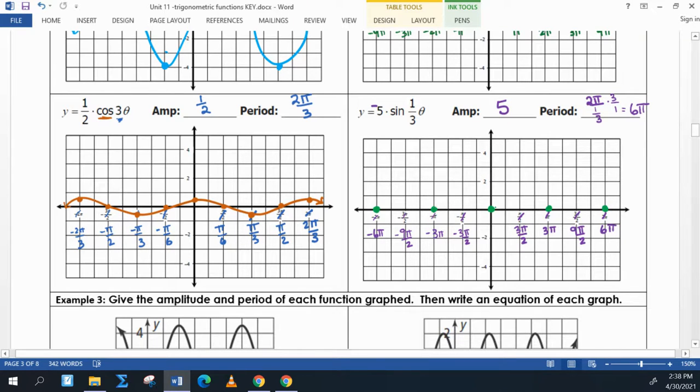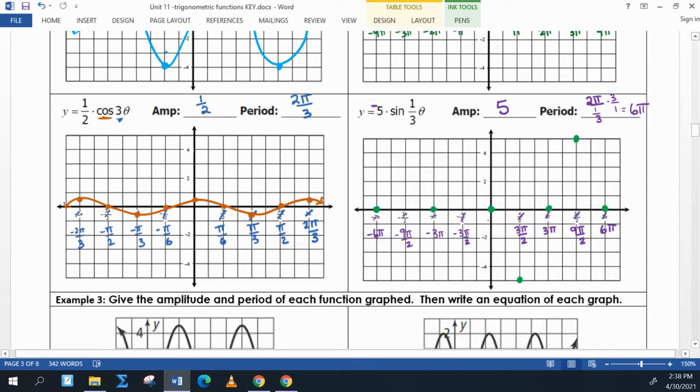Okay, so normally when we do a sine curve, we go up to our highest. We'd go up to 5 right here. But because this is negative, all of these points that are up in the positive, above the 0 right here, get reflected down. So if this is a negative, you're going to go down first. That's the only difference. And then up to the middle, and then up to the top, and then back.